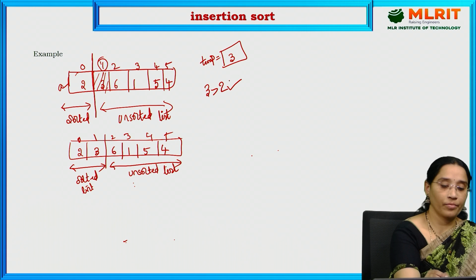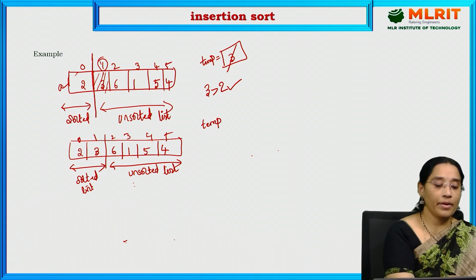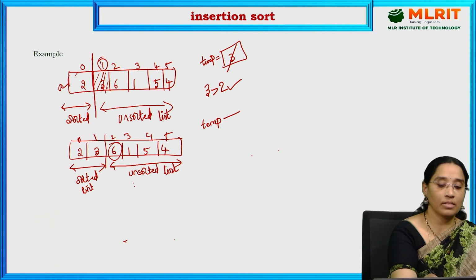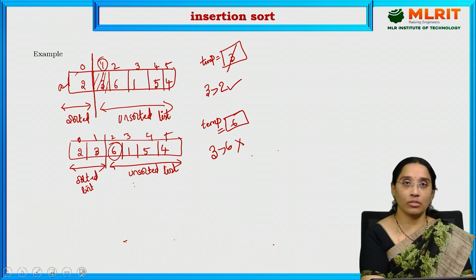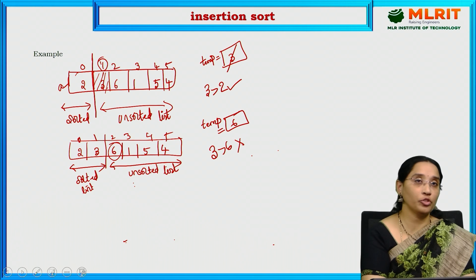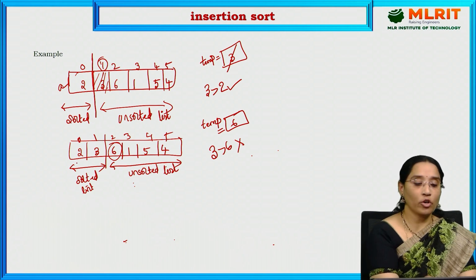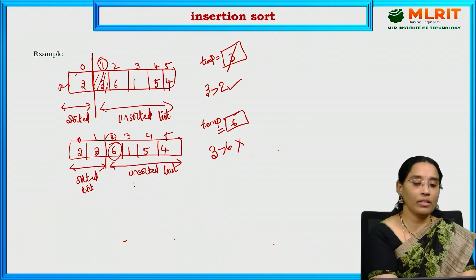Now after this, I'll place the element 6 in the variable temp. Now we will compare again. 3 greater than 6, false. When you are doing the comparison, you should not start from index 0, because you have placed the element at index 2 in the variable temp.